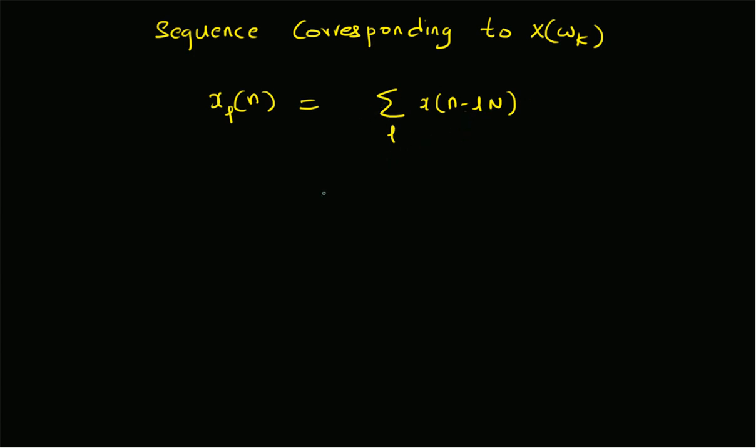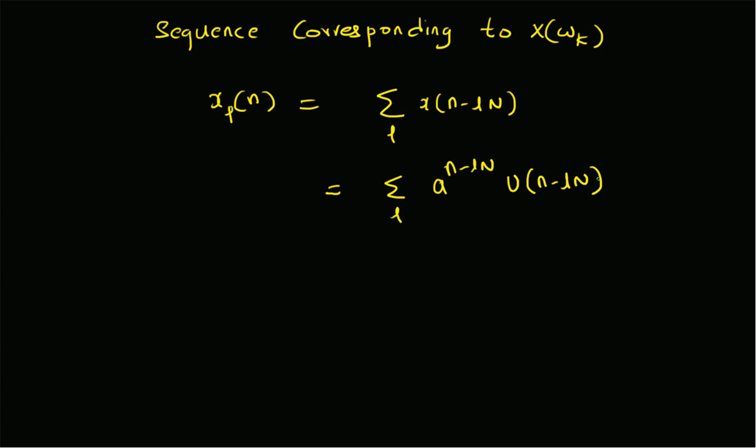So this is equal to summation over L of a power n minus L N into u of n minus L N. So that is the definition of xp of n.